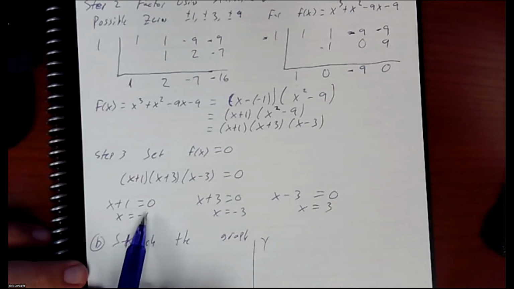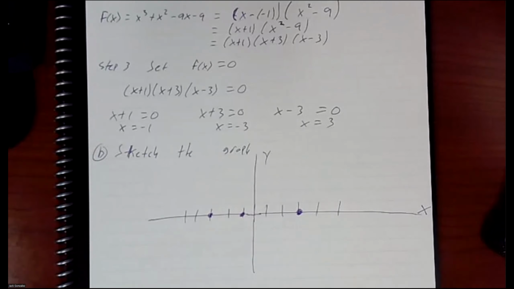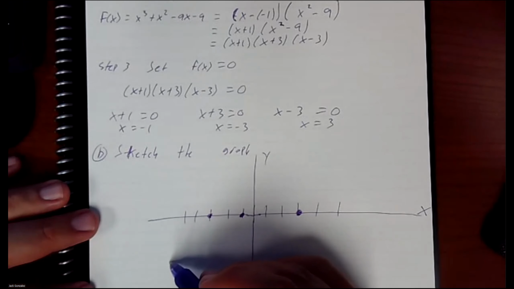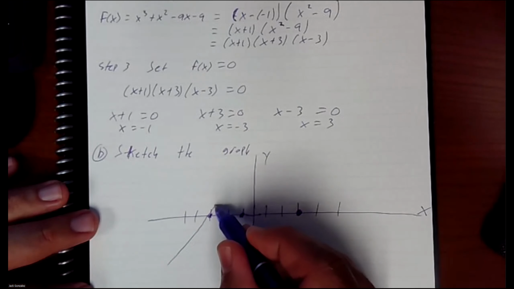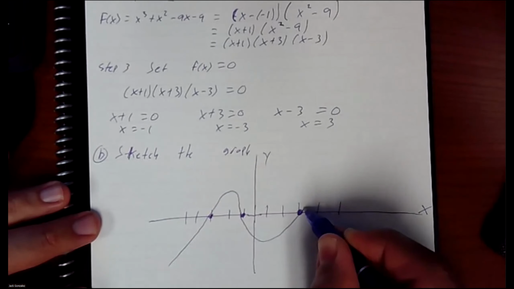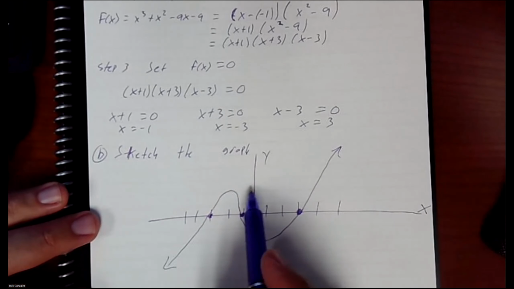They are all odd multiplicity, right? So we said it's going to be falling on the left. So it's doing this. It's going to come down at some point. It's going to come up at some point. The only thing that I'm guessing is this part.